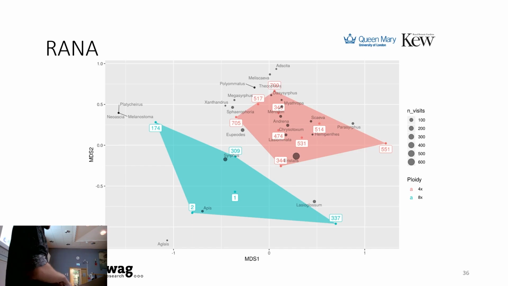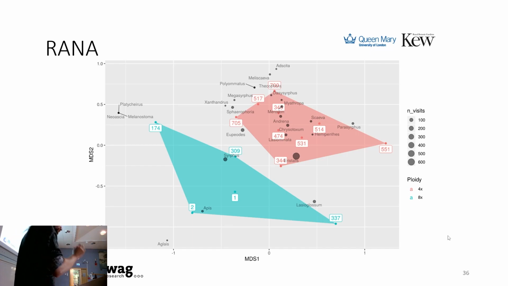Even though these plants should be basically the same species and they flower basically at the same time in the same place, we can see that they are segregated in their pollinator communities. So the same species of pollinators don't tend to visit both plants, otherwise we would have points in between here.